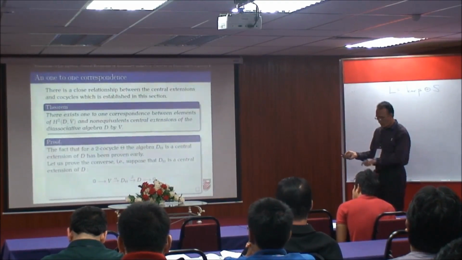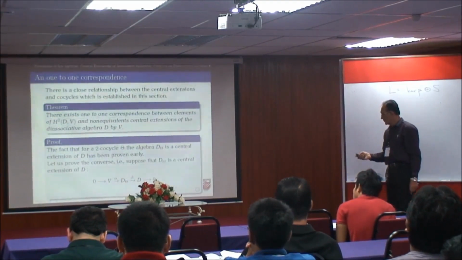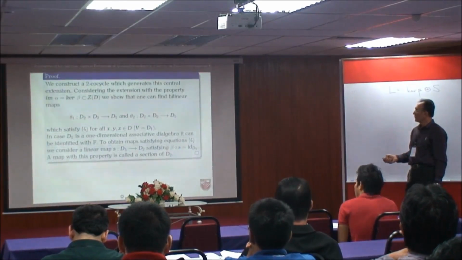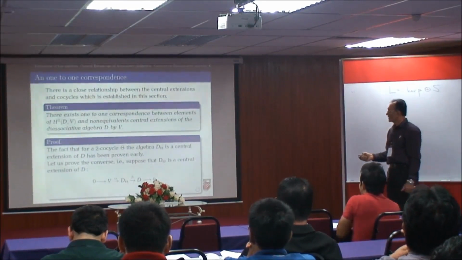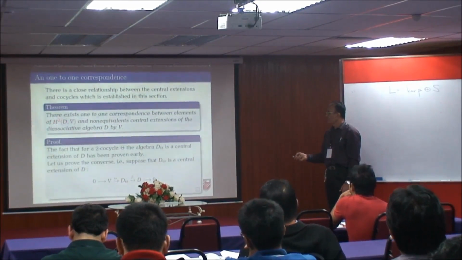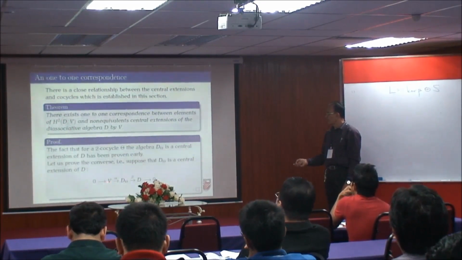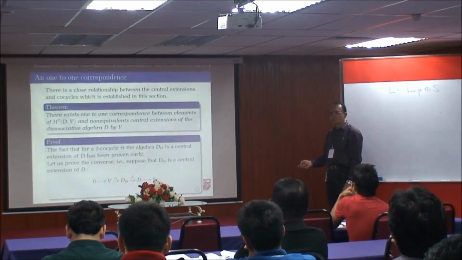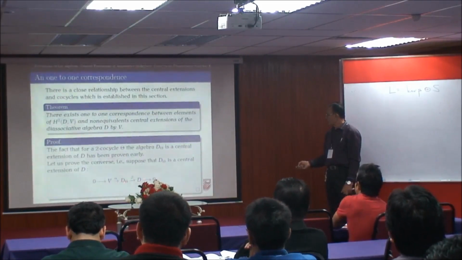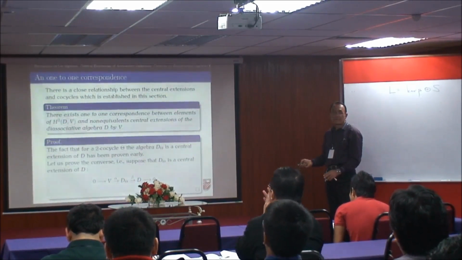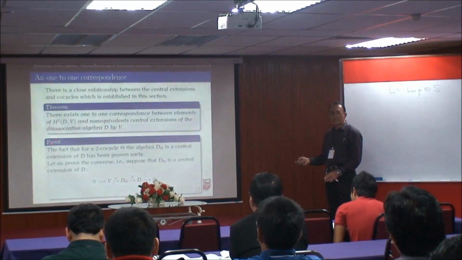Here is a proof of this result. What we will do in this proof: we first construct, by taking a cocycle, D theta, a central extension of D. Then if a central extension is given, we construct an element of H2(D,V).